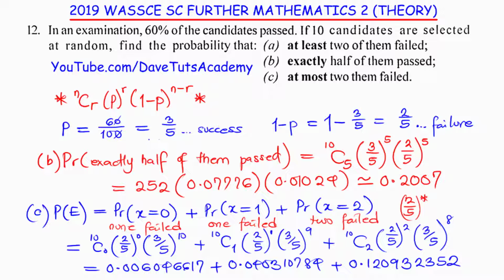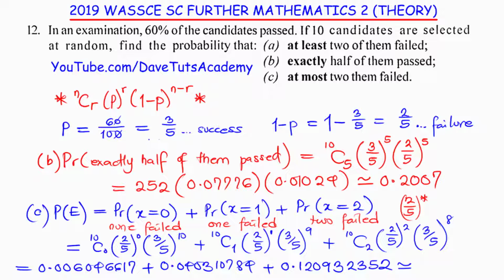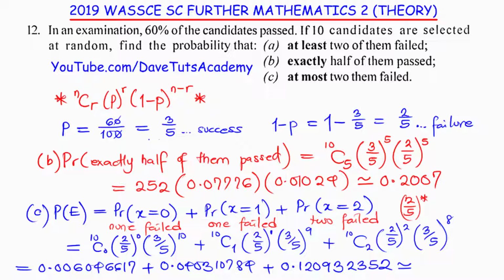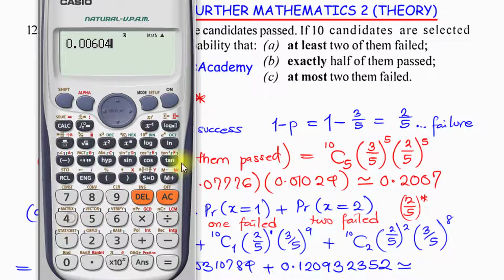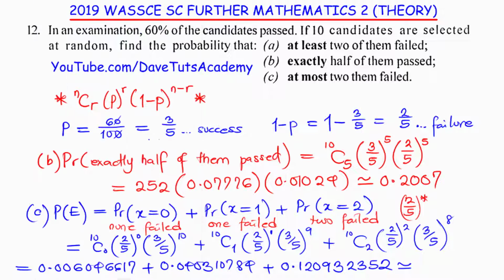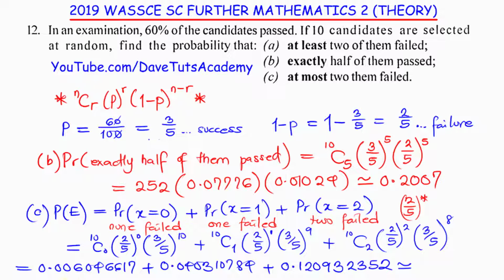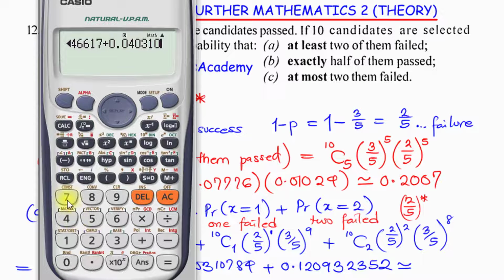I'm running out of space, so I'll just move that. Now I can find the approximated value of this: 0.00604 6617 plus, in the second case, 0.0403 10784, plus 0.12093252.